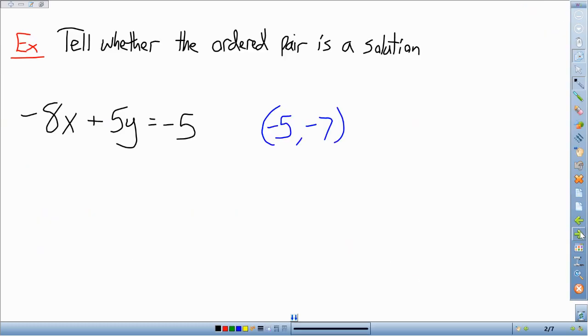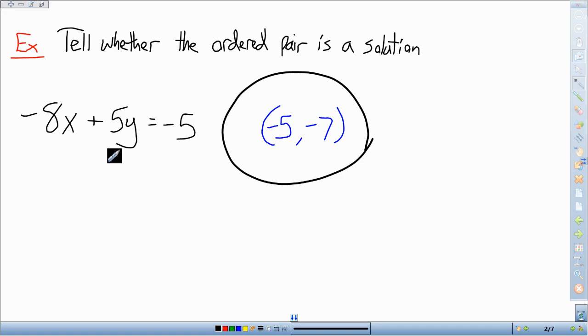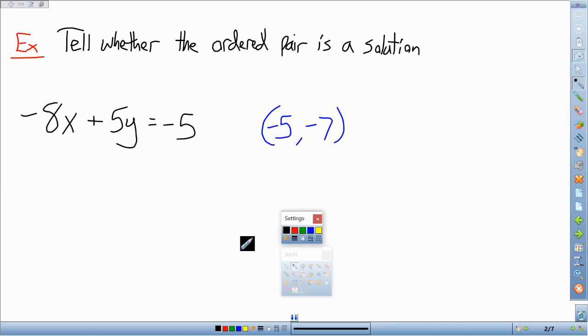All right, cool. So let's go ahead and try another problem a lot like it. Go ahead and copy this one and we'll give it a try. Okay, so pretty much the same thing it's asking. Tell whether the ordered pair is a solution, or in other words, does this point lie on the line of this equation? So let's plug it in and find out.